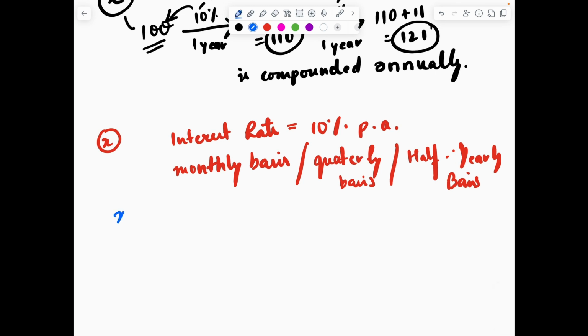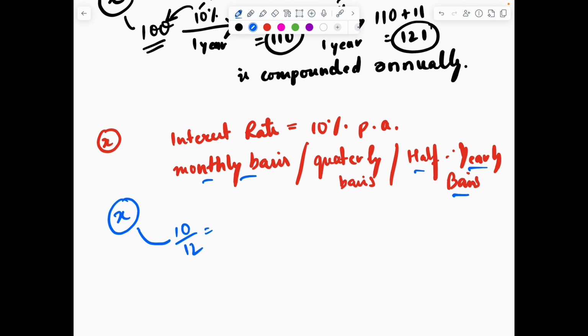So what will happen is, you had taken X amount of loan. If I charge you on a quarterly, half-yearly, or monthly basis, let's take the example of monthly basis. After 1 month, how much interest am I going to charge on X? 10% is the annual interest rate. In a year, how many months are there? 12.